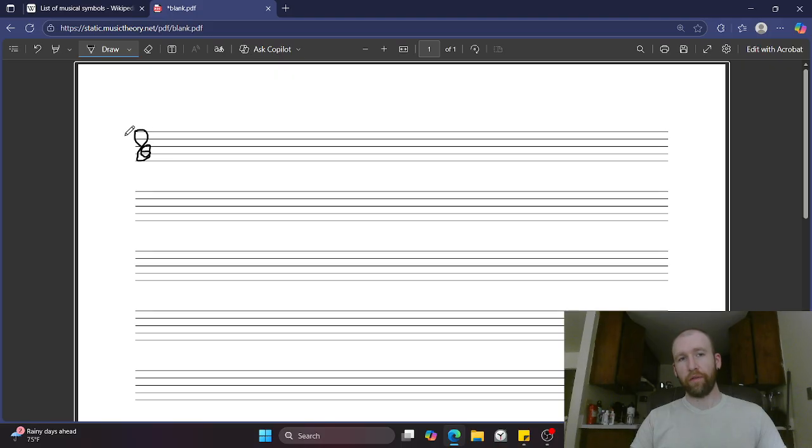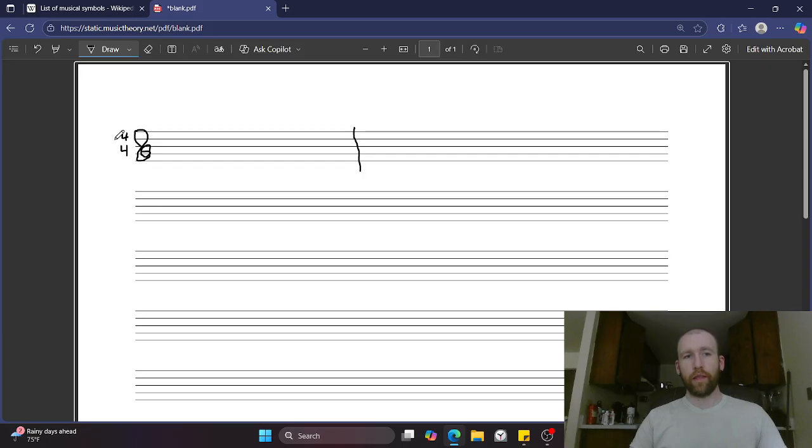I'm going to put this off of the staff, staff being the set of lines, so that you can read it completely. This is 4 over 4. Okay, there's that. And then I'm going to put a measure line here. A measure line separates one measure from another.